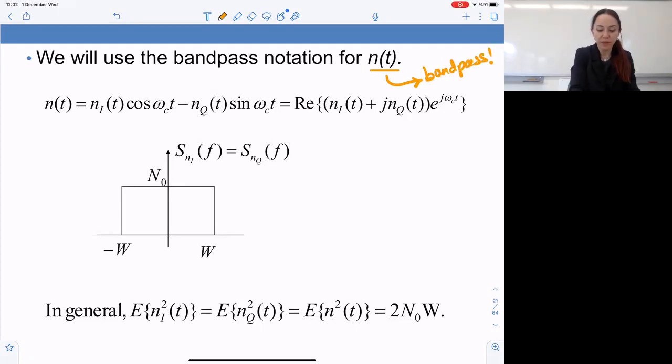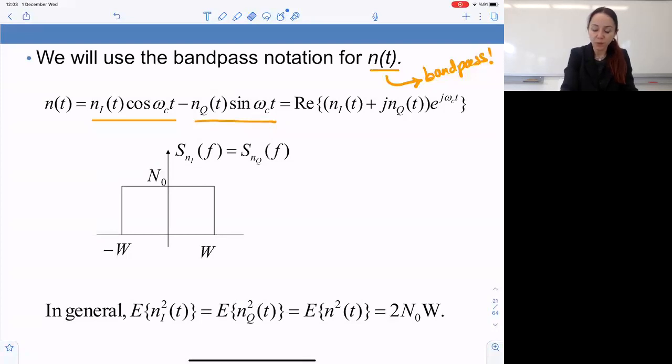Whenever we have a bandpass signal, as we discussed last time, we can represent it as the in-phase component times cosine ω_C t minus the quadrature component times sine ω_C t, where ω_C is some frequency that you can choose from within the passband. Ideally, of course, it is equal to our carrier frequency for convenience.